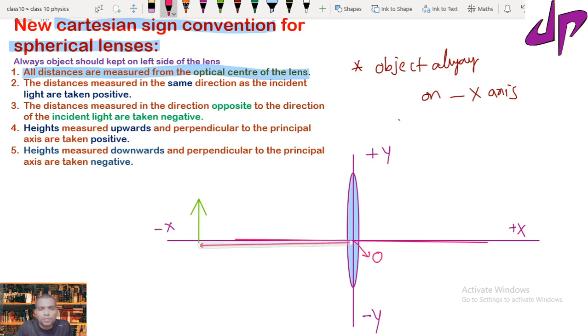So this is my object distance, which we represent as u. Object distance is always negative because it is always present on the negative x-axis. So remember that point: object distance is always negative.